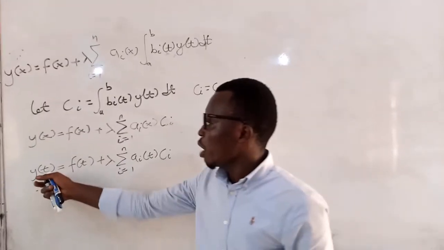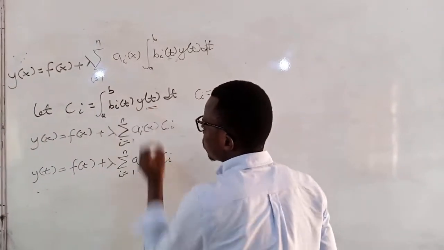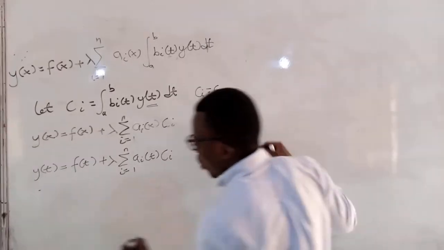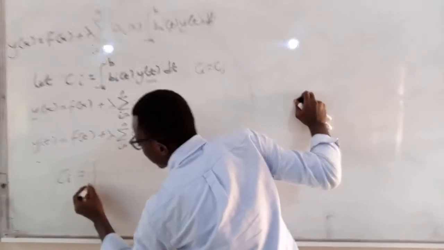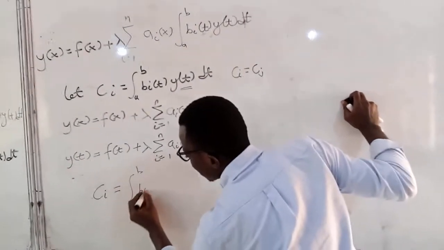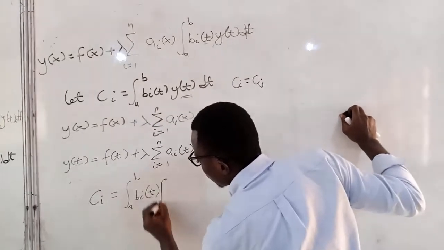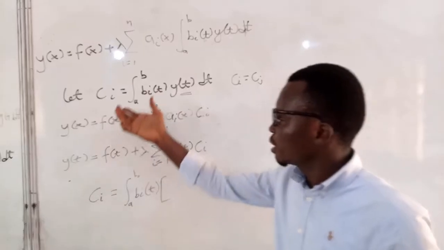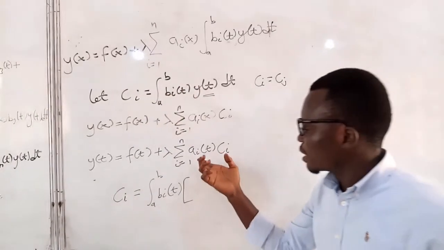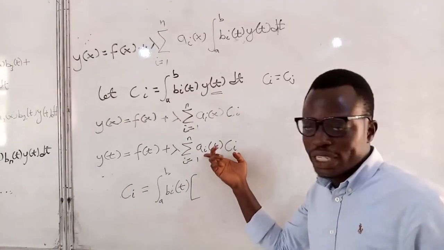And we have to substitute this y of t into this equation. So our ci is equal to integral from a to b bi of t, bracket. Now, for this equation to communicate better with this equation, let's change the i's here to j.